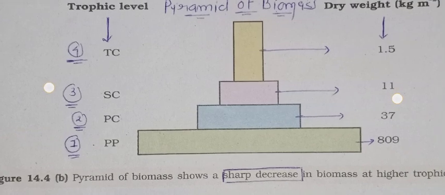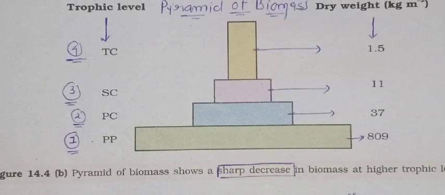The second trophic level is connected with PC, means primary consumers. The third trophic level is connected with SC, means secondary consumers, and the fourth trophic level is connected with TC, means tertiary consumers. So producers and consumers are included here, decomposers are not included.